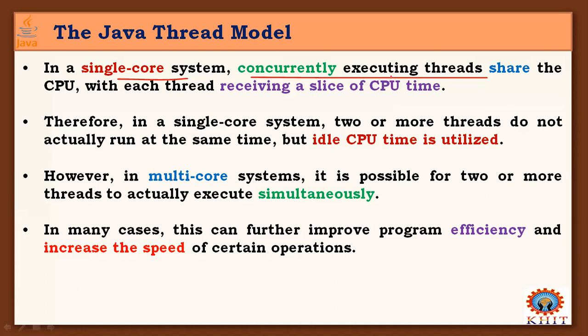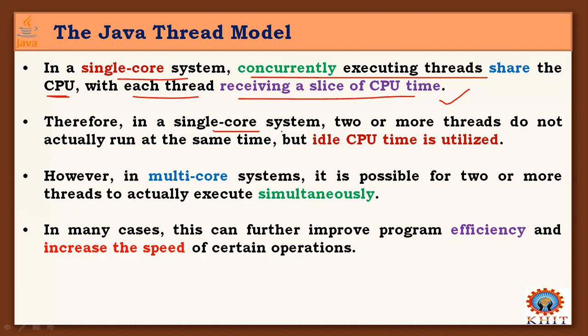These concurrently executing threads share the CPU, meaning they share the CPU time cycles, with each thread receiving a slice of CPU time. Based on the allocation, context switching will work here. Context switching is the transfer from one thread of execution to another. In this way, threads execute concurrently on a single core system.